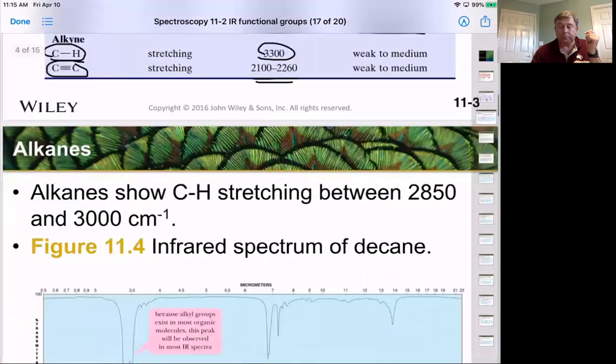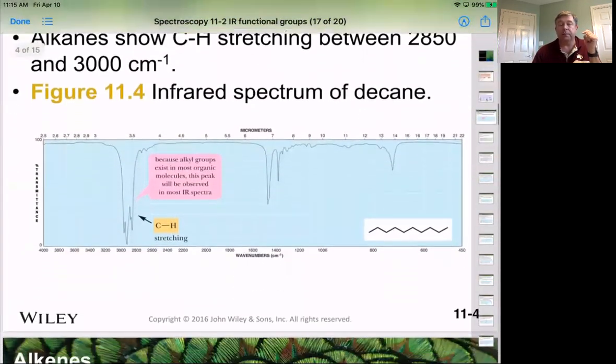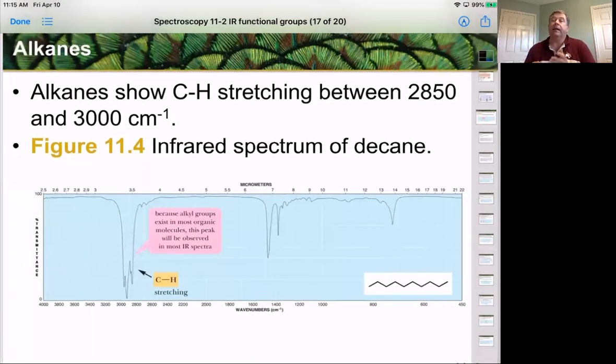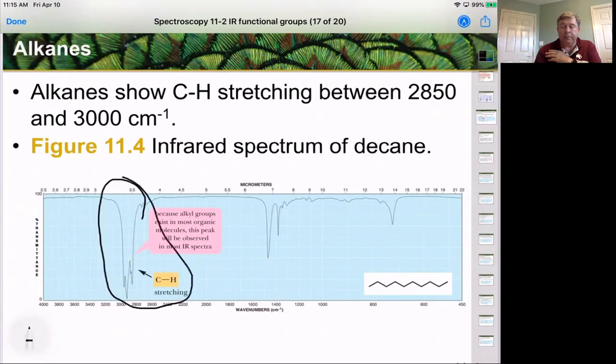So what would a common spectrum of an alkane look like? The only things we have going for us are a carbon-carbon single bond and a carbon-hydrogen single bond, so we should see it in 2 to 3 different ranges. Here is the range where we're going to see our carbon-hydrogen stretch, and then we're going to see our carbon-carbon bond, and then we have some stuff in our lower energy range.